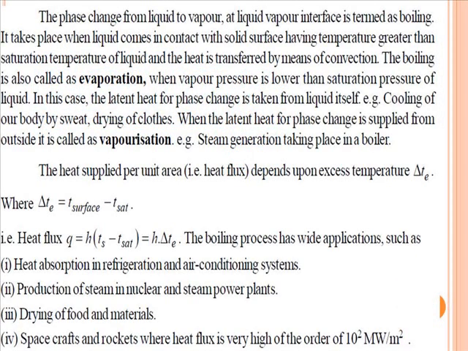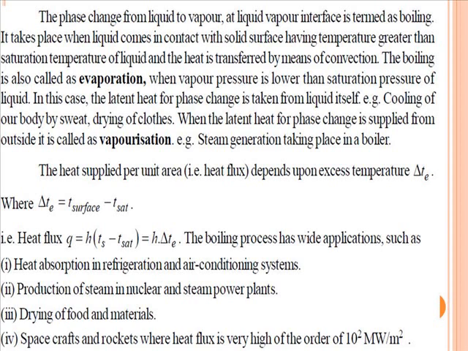Whenever we are talking about boiling phenomena, we know that whenever the liquid comes in contact with a solid surface whose temperature is more than the saturation temperature of that liquid at that pressure, heat is transferred by means of convection. And boiling is also called evaporation when the vapor pressure is lower than the saturation pressure of the liquid.